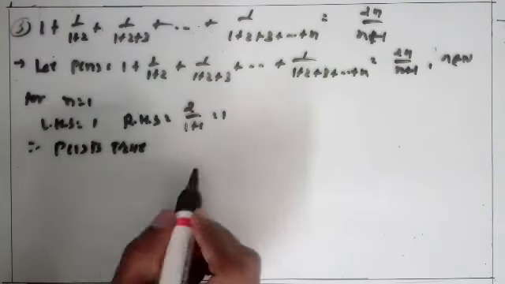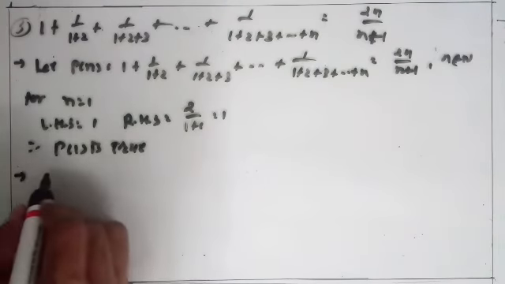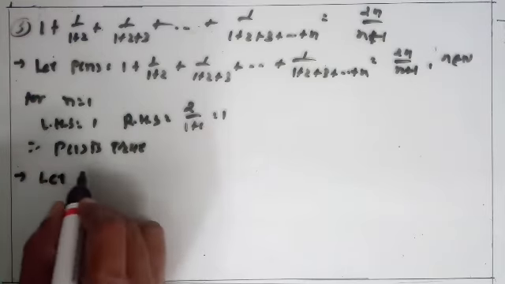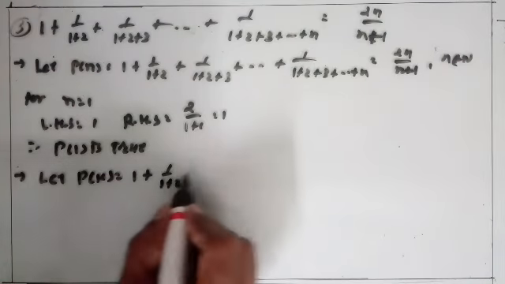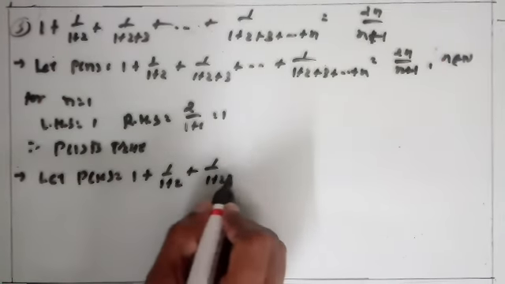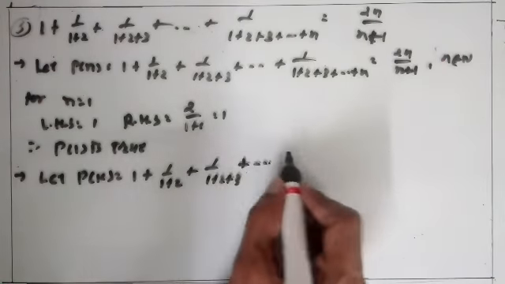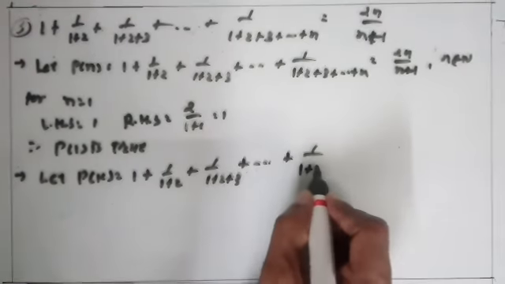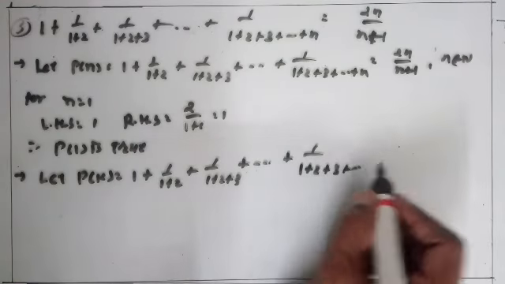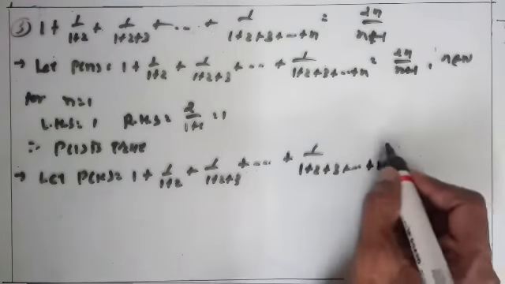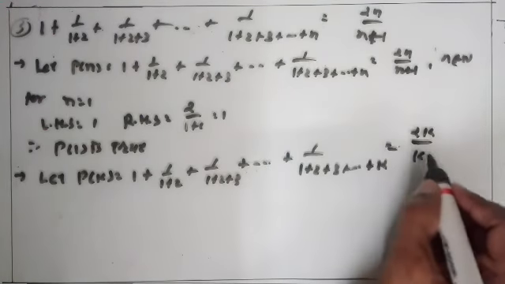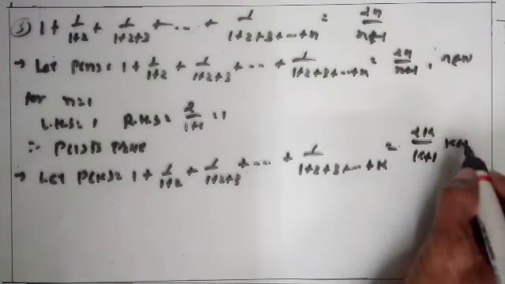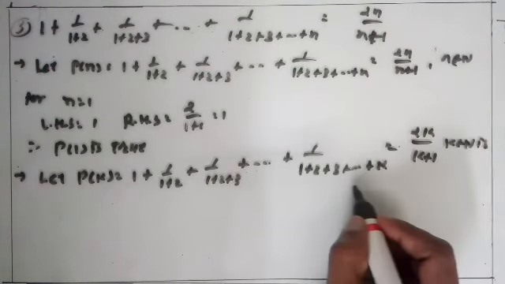Here we write in short, P1 is true. Now suppose that Pk is equal to 1 plus 1 upon 1 plus 2 plus 1 upon 1 plus 2 plus 3 plus up to plus 1 upon 1 plus 2 plus 3 plus up to plus k is equal to 2k upon k plus 1, k belongs to N, is true.